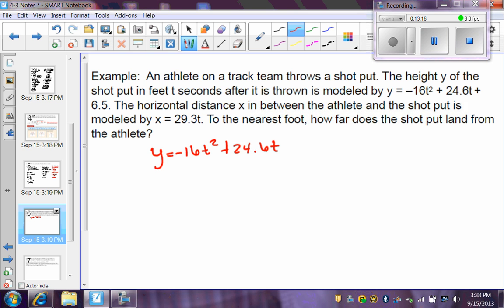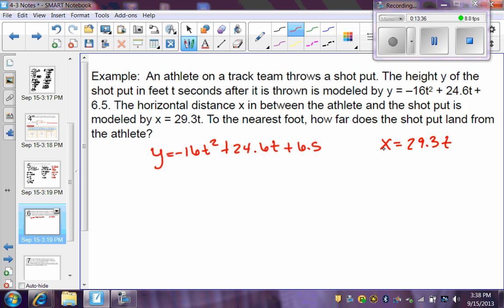And it says the horizontal distance, which is x, between the athlete and the shot put is modeled by x equals 29.3t. To the nearest foot, how far does the shot put land from the athlete?